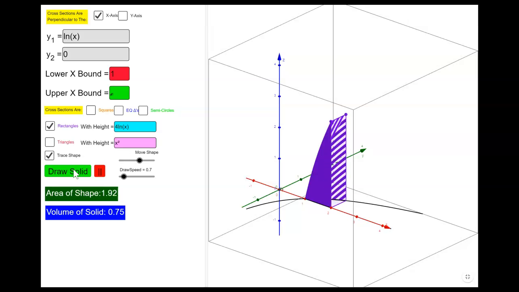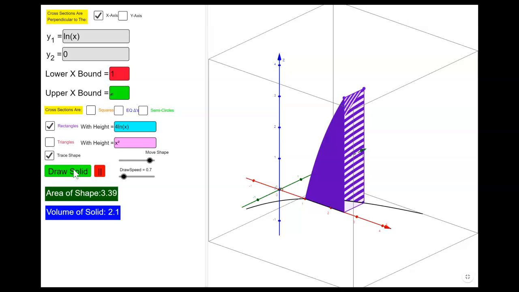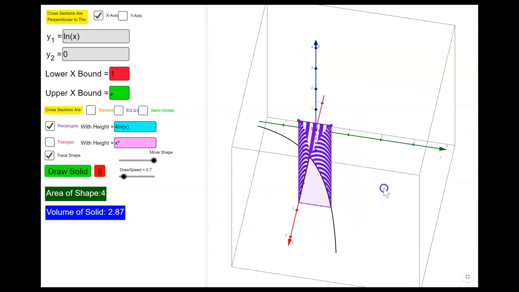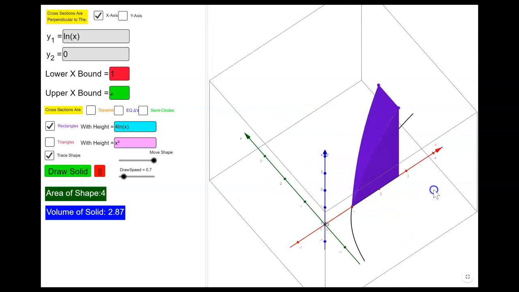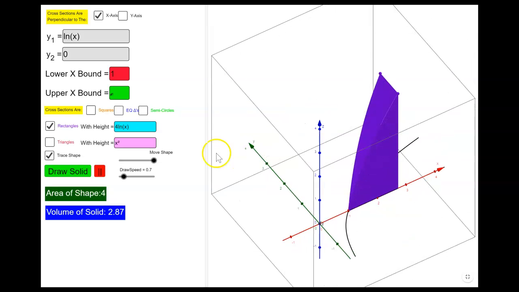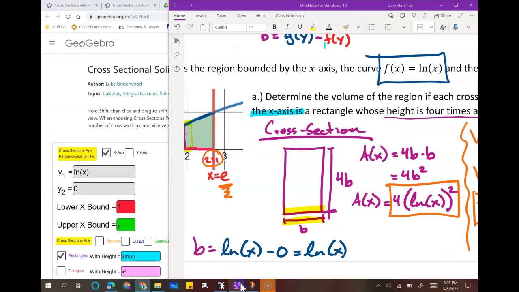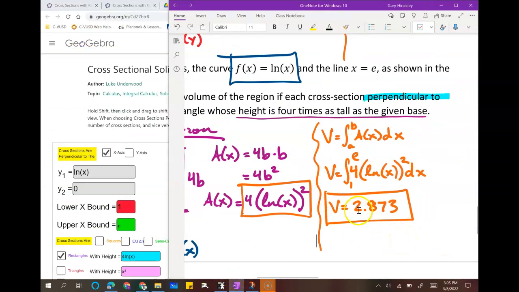Remember we had our volume was like 2 point something, right? Alright, there is our shape stopping at e. Pretty nice shape drawn there, right? And they're saying volume is 2.87. What did we get? We also got 2.87, so fantastic.